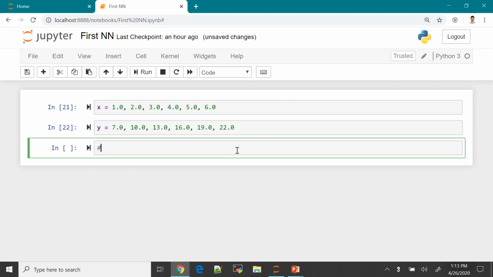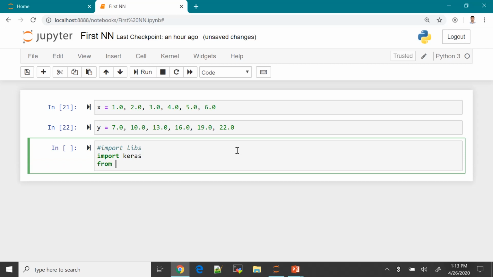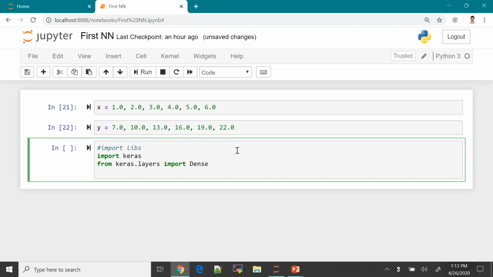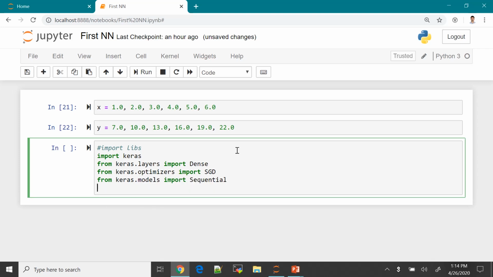So I'm going to import the required libraries for building a neural network. So first I import Keras, and I'm importing layers, optimizers, models, and also importing NumPy.